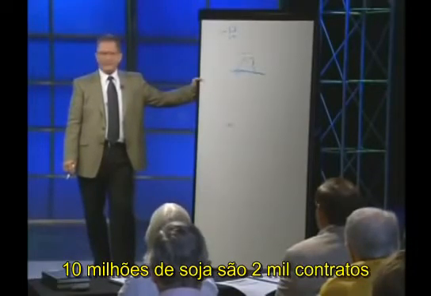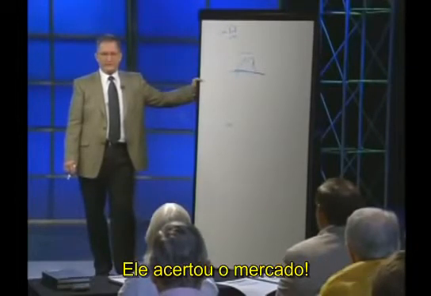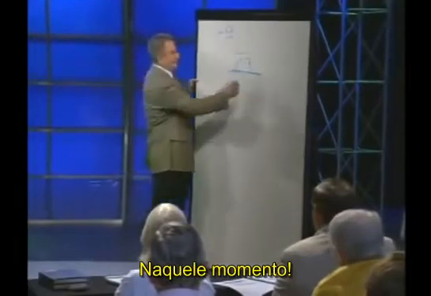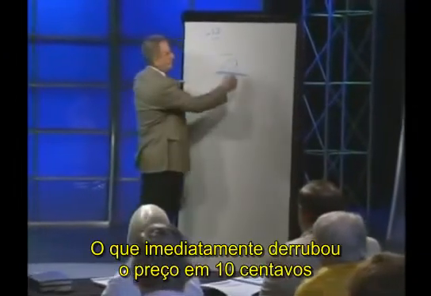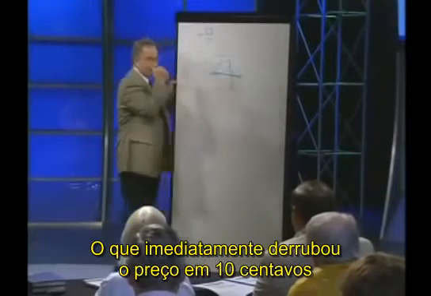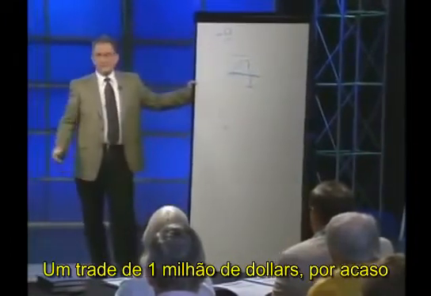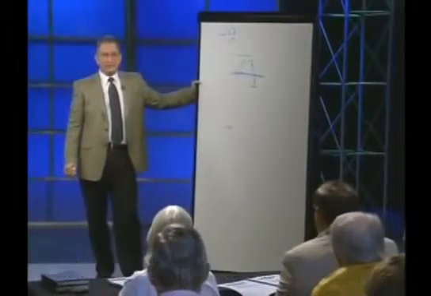Now, 10 million beans is 2,000 contracts because they trade in 5,000 bushel increments. So he hit the market at that moment with 2,000 sell orders, okay, which immediately drove the price down 10 cents, which basically is a $1 million trade, by the way.